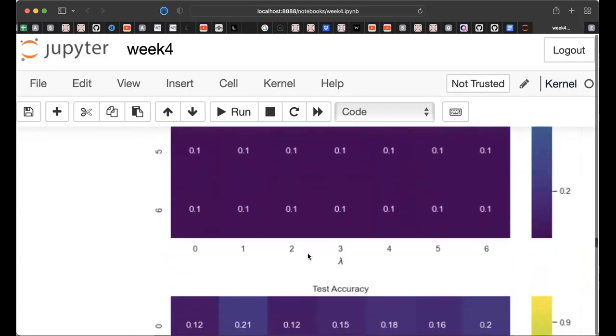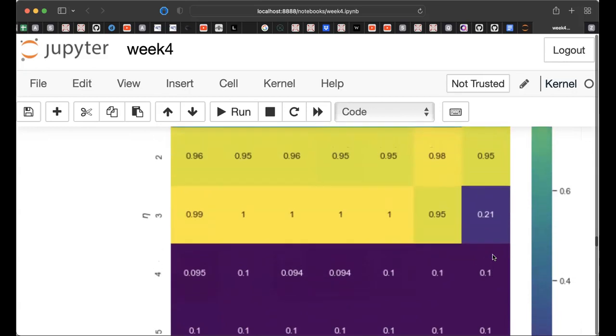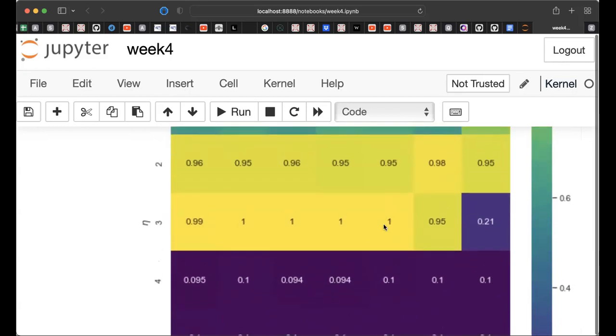And I have a hyperparameter lambda, which goes from 10 to the minus 5, 10 to the minus 4, 10 to the minus 3, 10 to the minus 2, 1, then 10 to the power of 0, and then 10 to the power of 1. And you see again that there is a whole chain of regularization parameters where I'm getting a pretty good result for the training rate.